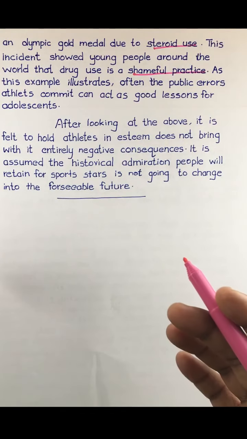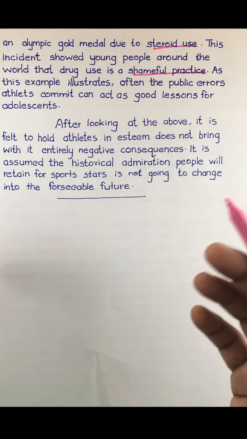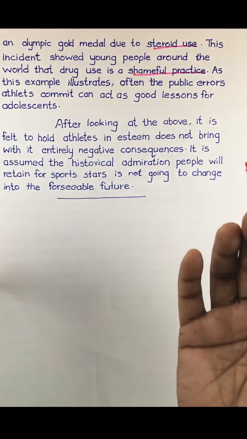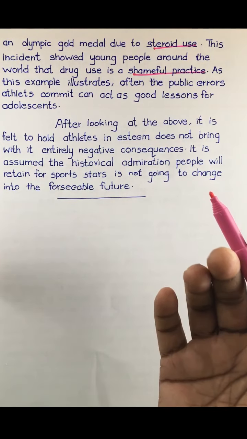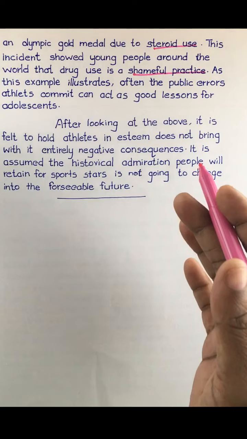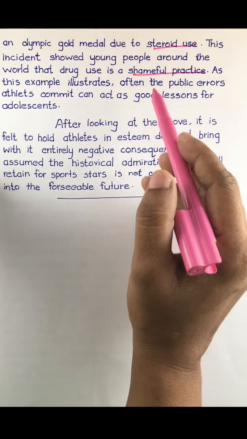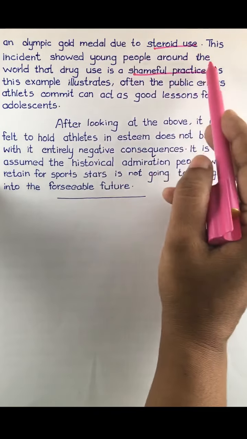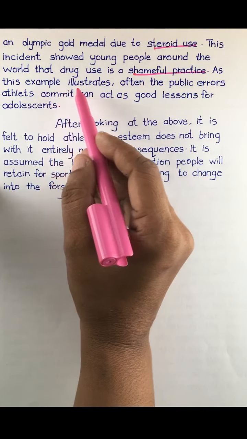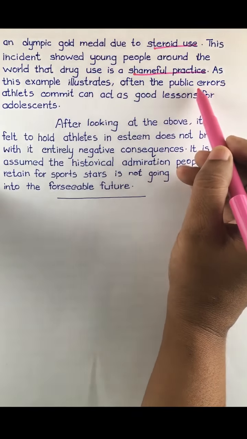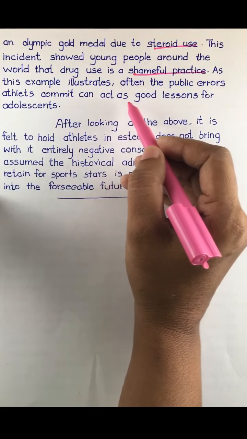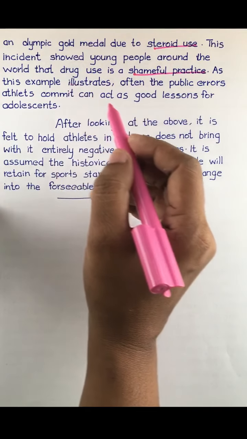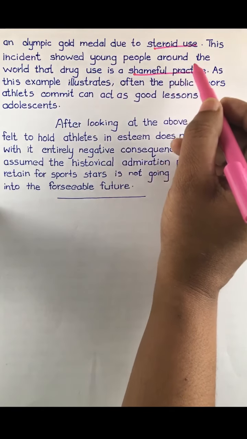So this proves that you stick to the point, you are in the correct direction with your essay. For us, this example illustrates that public errors athletes commit can act as a good lesson for the adolescent. See, the end point I have written over here clearly states why I said it's a negative trend towards the adolescents.